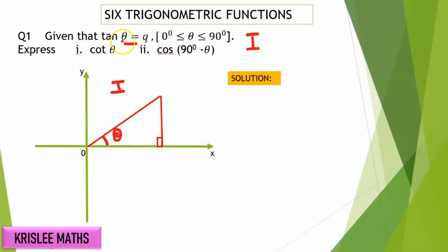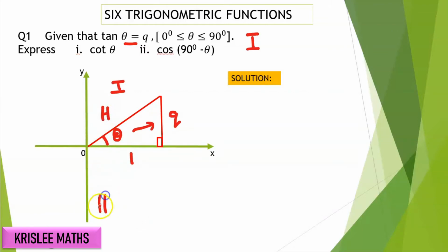Since you are given tangent theta as q, for theta, this side is the opposite side. So opposite is q, adjacent is 1. Now you need to find the third side. Using the Pythagoras theorem, let's say this is h, the hypotenuse.